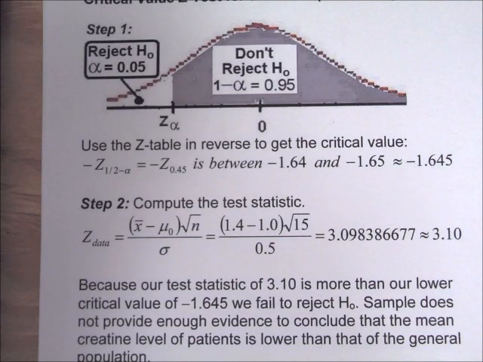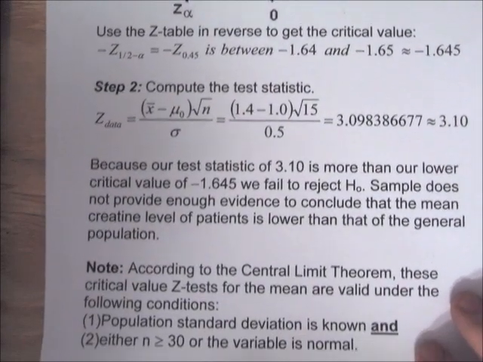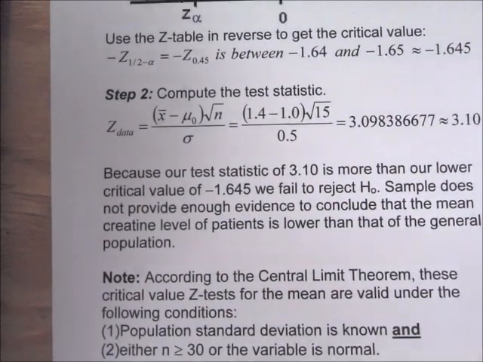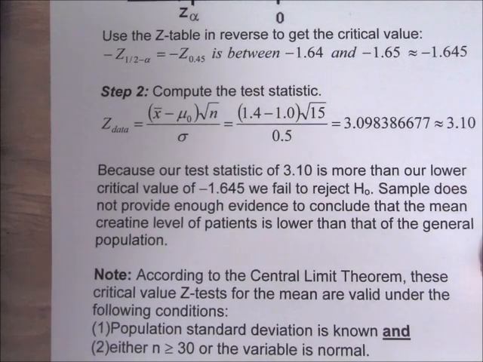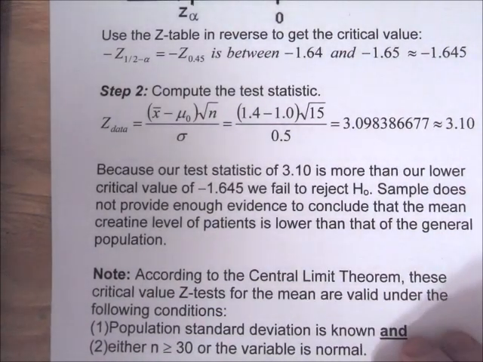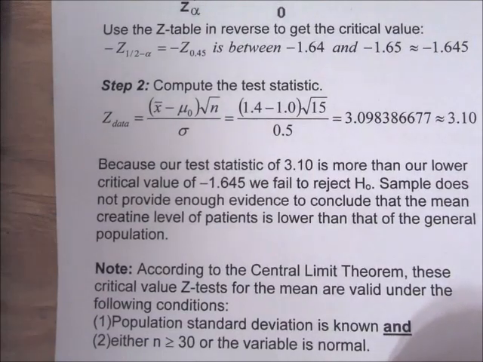The sample does not provide enough evidence to conclude that the mean creatine level of patients is lower than that of the general population. And in order to use this procedure, we need to assume that the population standard deviation is known, and that either n is at least 30 or the variable is normal. And that concludes this presentation.